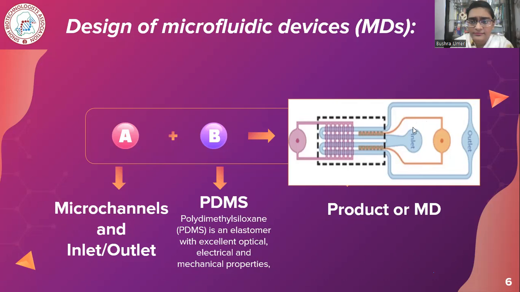Inlet, outlet. Inlet is the point where the sample is introduced, and outlet is where the sample or the experimental material leaves the device. And these are the microchannels. So yeah, that's all about the design of microfluidic devices.